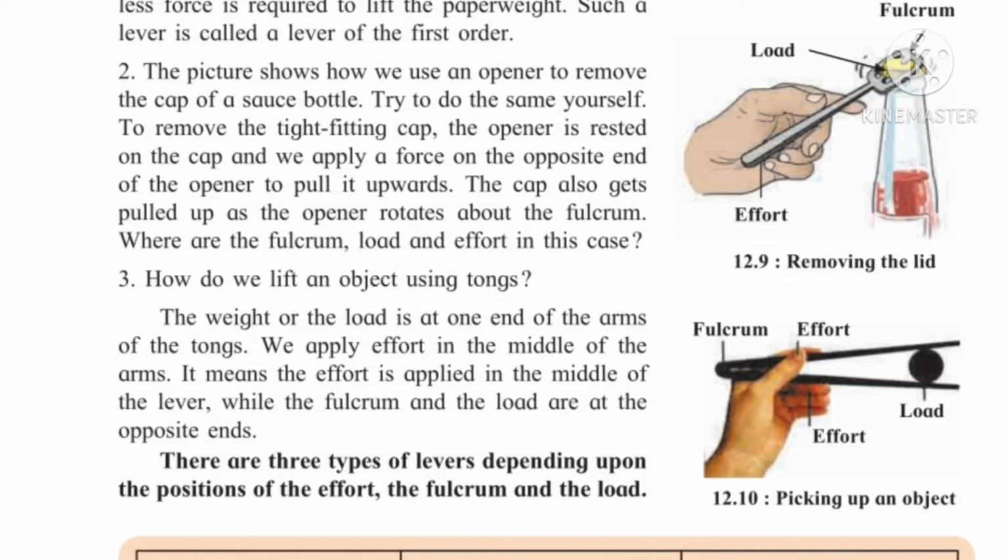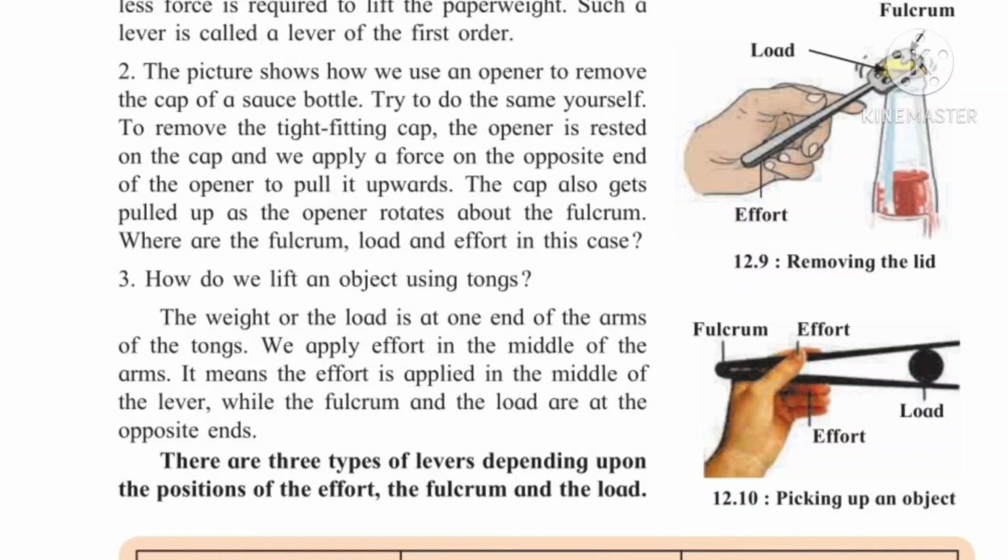The opener is rested on the cap, so to one side it has the support, that is the fulcrum. The fulcrum is at one end, and the sealed cap is at the center.